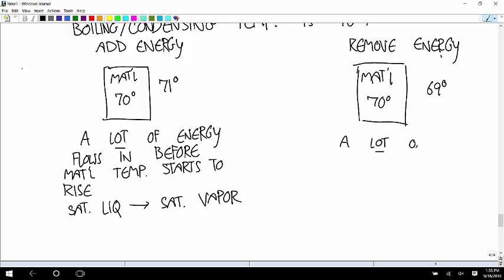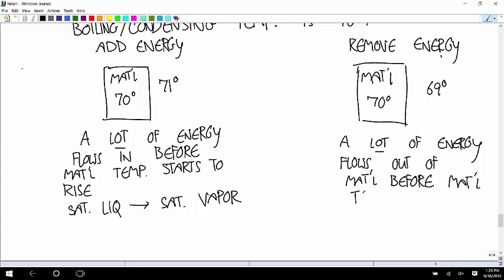And again, a lot of energy flows out of the material before the material temperature changes. So in that case, we'd be going from a saturated vapor to a saturated liquid.